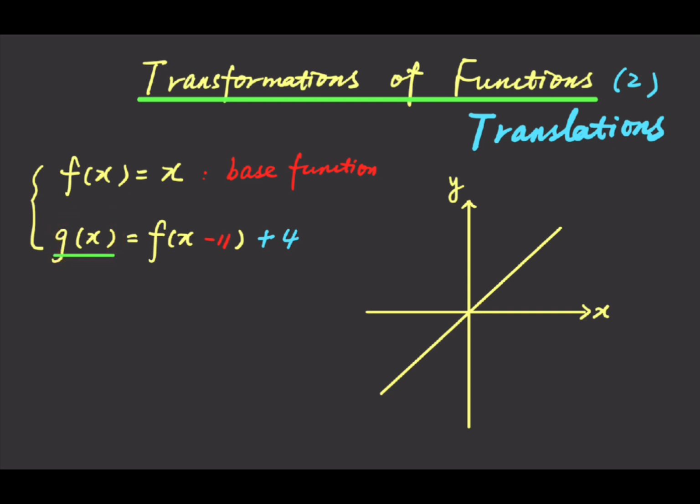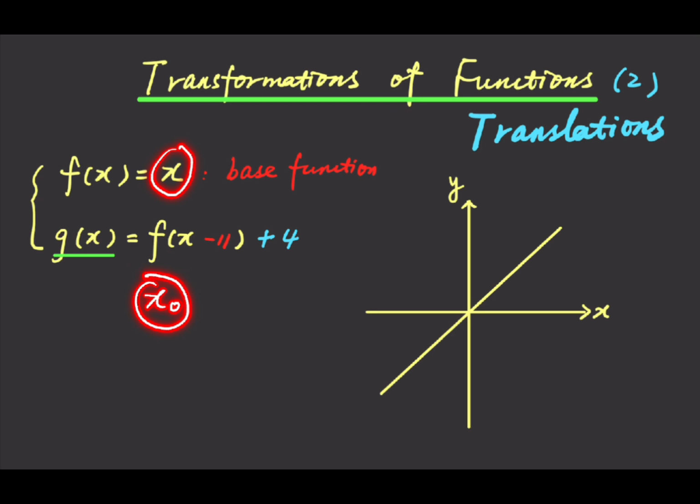Now, you need to compare this function and this. You can consider this x as x0, that is, you need to take a specific value for this x. We assume x0 is a specific value of x.